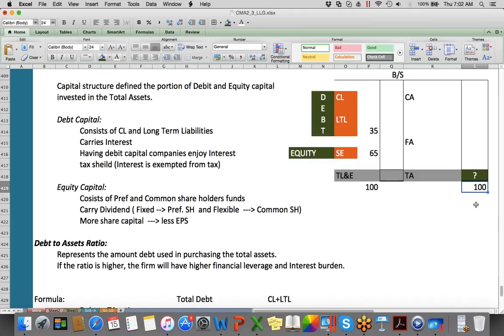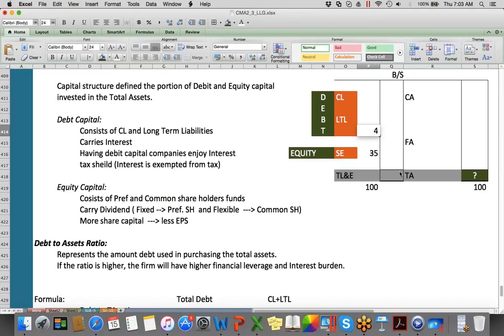So if you have $100 of total assets, you should have around $35 to $40 funded from debt capital, and the remaining 65 from equity capital, so that you will have some grip on the business operations. Whereas if you have 65 from debt and 35 is your money, external funding is higher, so they will interfere in your financial and business operations.